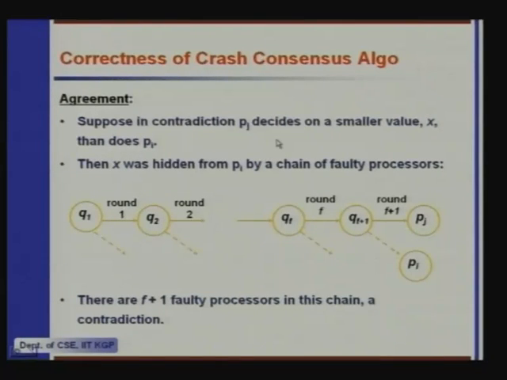Then we saw that that is not possible, because this is only possible if x was hidden from Pi by a chain of faulty processes, but then that is only possible if there are f plus 1 faulty processes in this chain, which is a contradiction, right. So, that proves that the algorithm reaches agreement. Any questions on this? Is this clear?